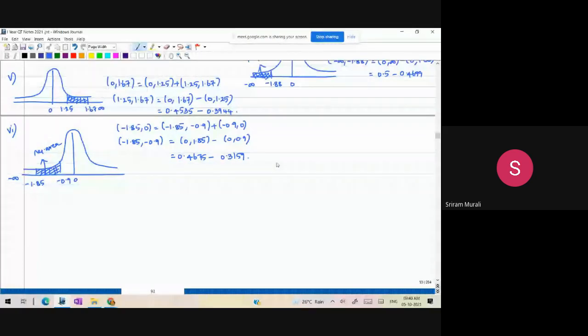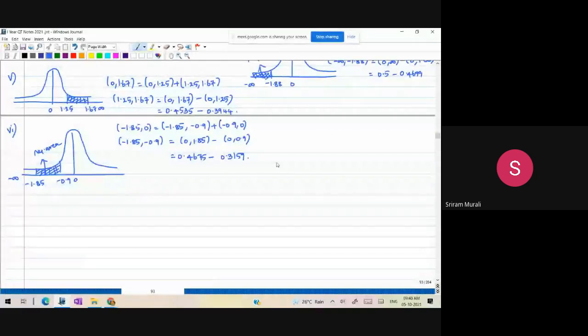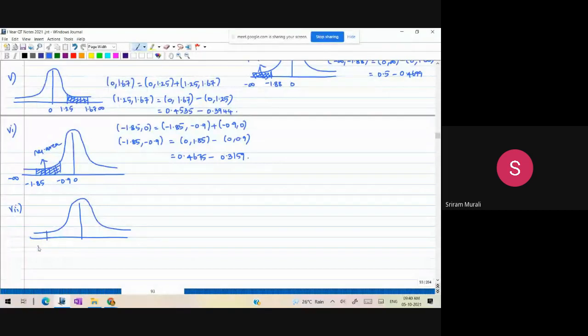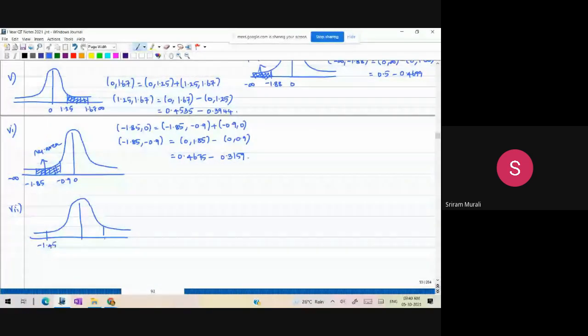Subdivision 7. You have to find from minus 1.45 to plus 1.45. So this is the required area. How do you do this?